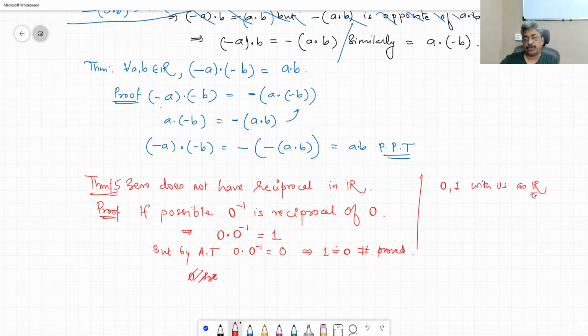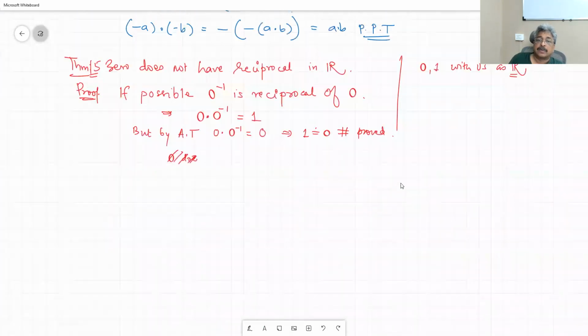We still don't know what is true. These 15 theorems are true for A1 to A4, M1 to M4, and D, whatever you decide.